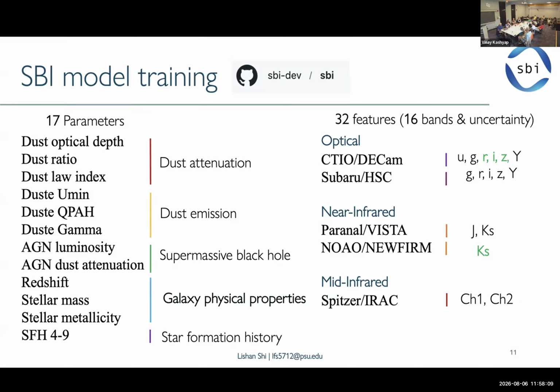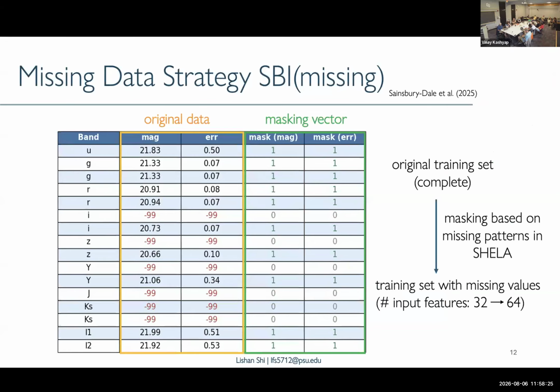And I guess you have a little bit of a problem with nested sampling if there are some missing bands. Correct, that's why we fit 2 models. Additionally, we also find that it helps if you train with partially missing data, and we do a realistic masking. The missing pattern is based on the Sheila catalog, and about 2/3 of the Sheila catalog has partially missing photometry.